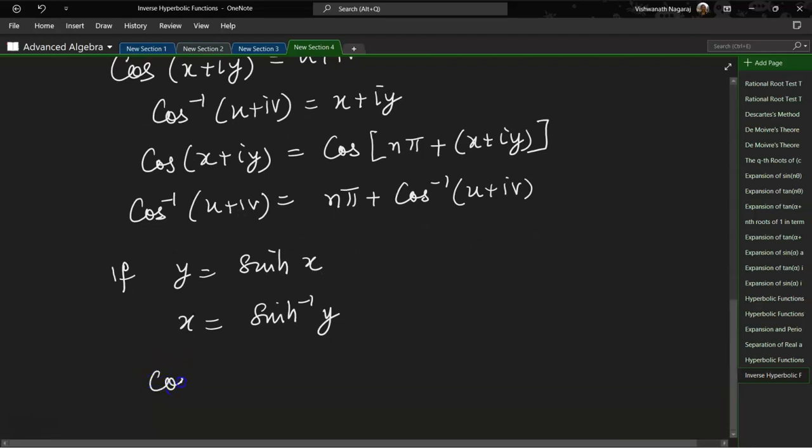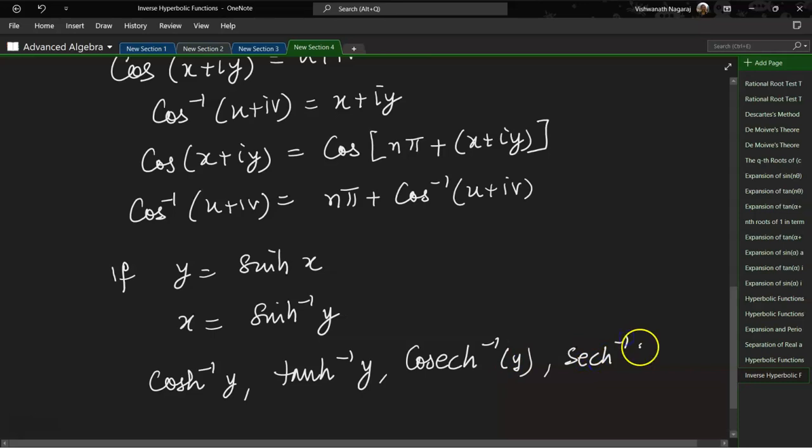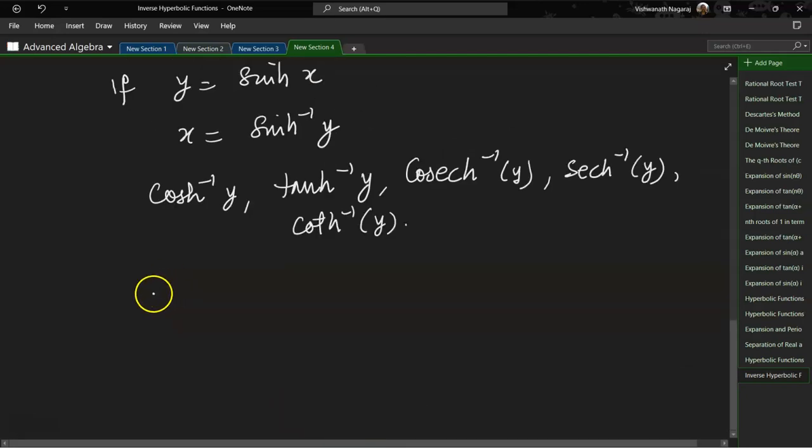So hyperbolic cos inverse of y, hyperbolic tan inverse of y, hyperbolic cosec inverse of y, hyperbolic sec inverse of y, and hyperbolic cot inverse of y.